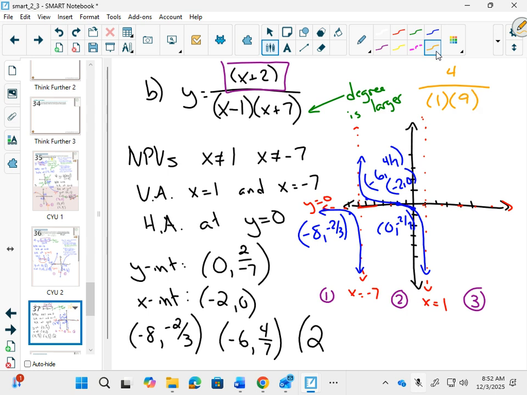And I get 2 comma 4/9. So sometimes you don't need any other points. This one, we needed 3 additional points to finalize our graph.